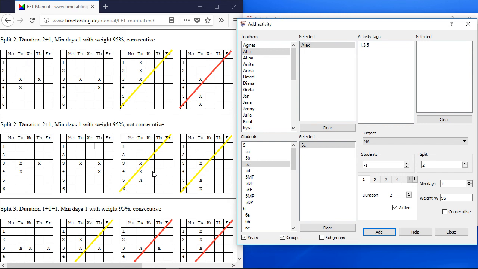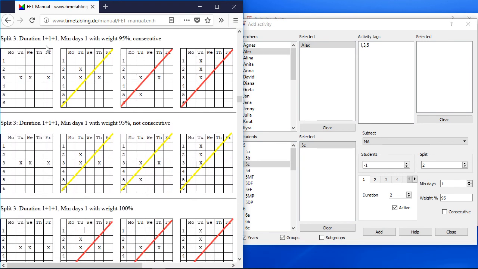Let's check activities that are split into 3 parts. The first example has one min-day constraint with 95% and the consecutive flag. PhET tries to avoid the yellow striked example because there are 2 consecutive activities at the same time. The first red crossed example is not allowed at all since the activities are not consecutive.